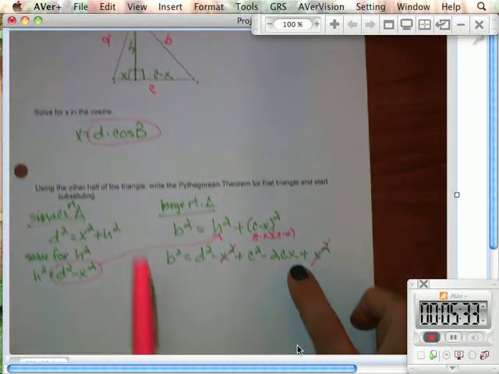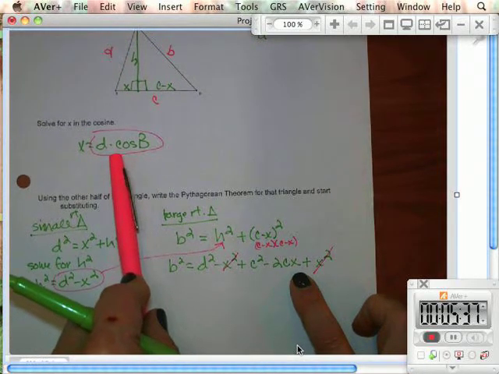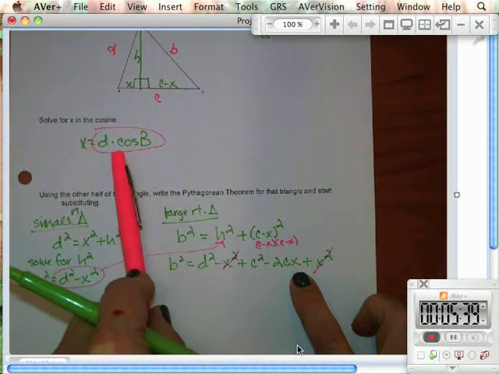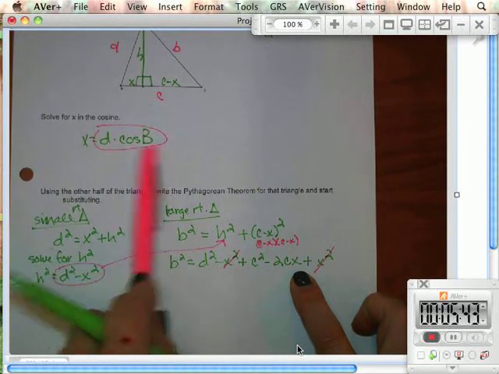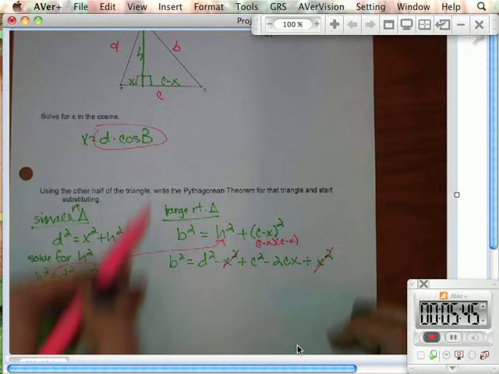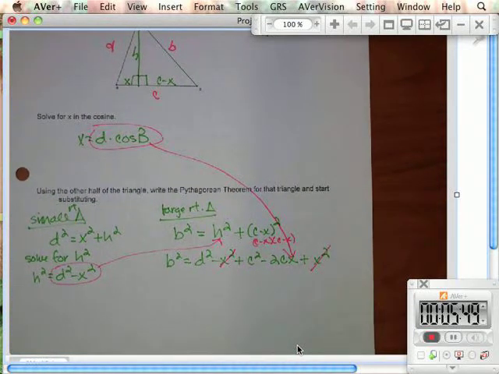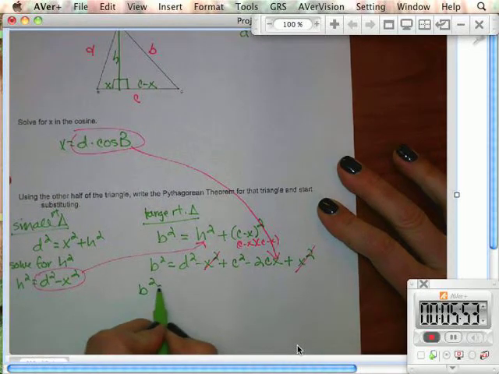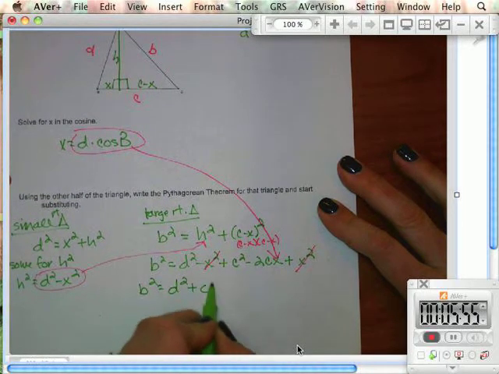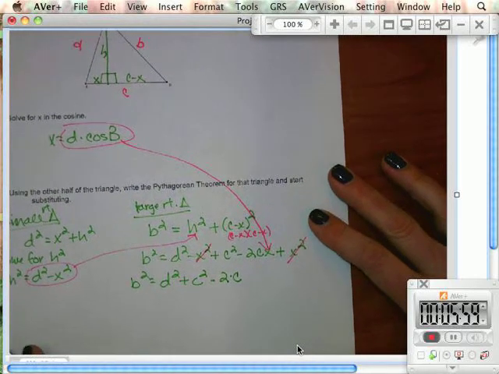But what does x equal? Oh, so we can take that and we can put it in here for x. Okay? So it looks like this. B squared equals D squared plus C squared minus 2 times C times D.